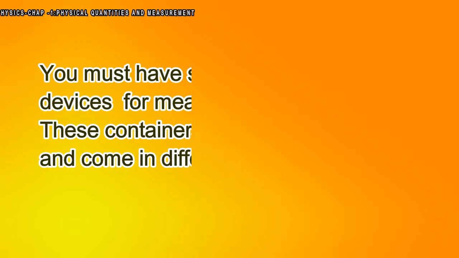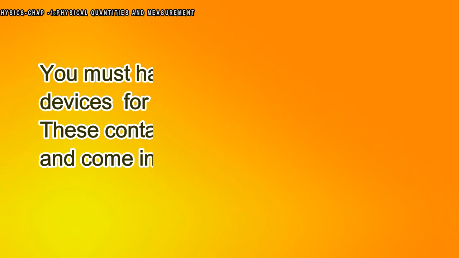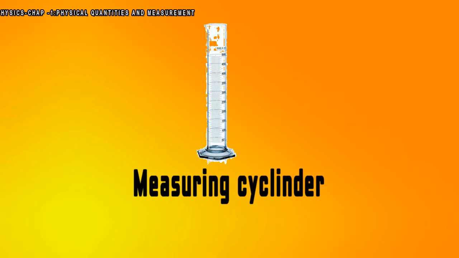You must have seen the measuring devices for measuring volume of a liquid. These containers have fixed capacity and come in different shapes and sizes. To measure the desired volume of liquid, a measuring cylinder is used.